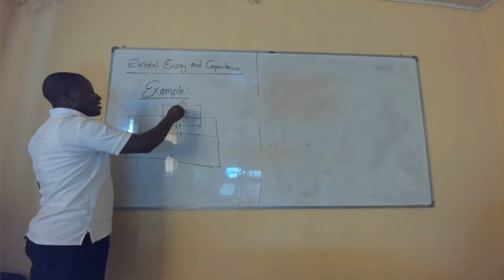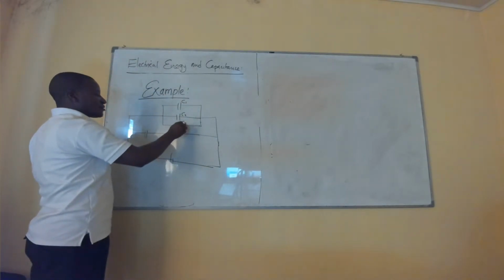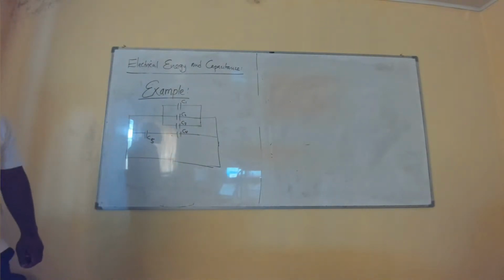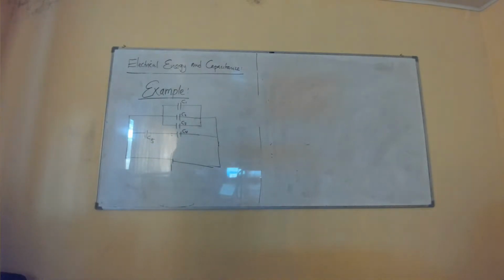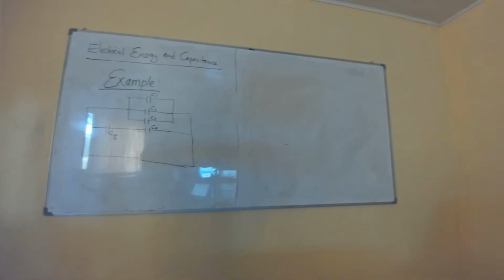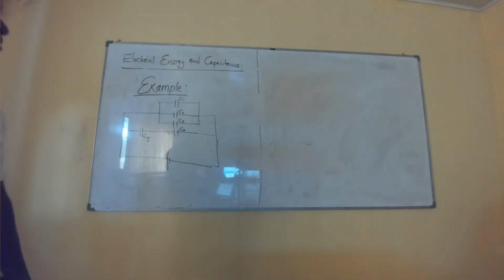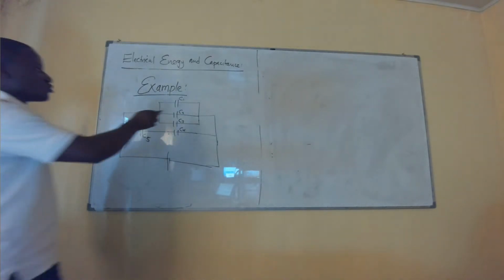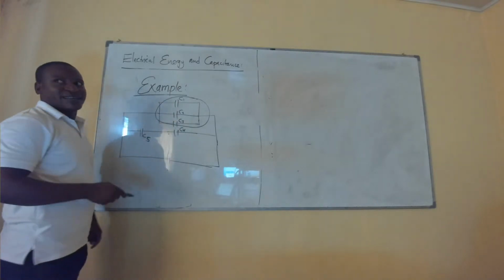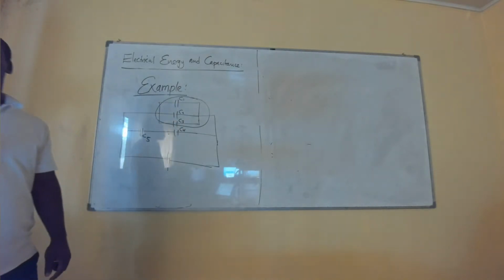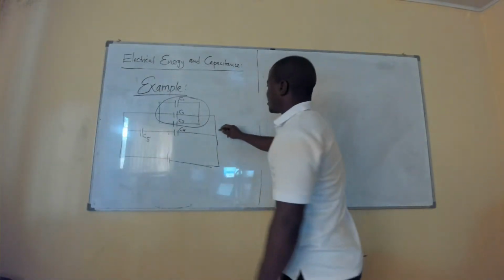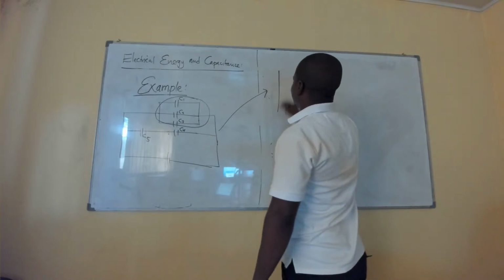Let's say this is C1, C2, C3, C4, C5. Then you've been asked to find the equivalent C. How do you do that? So the first step is for you to reduce this component, which is here. You know that these are connected in parallel. So you know which formula you're supposed to use when you are connecting those in parallel. So your next diagram straight away from here becomes this.